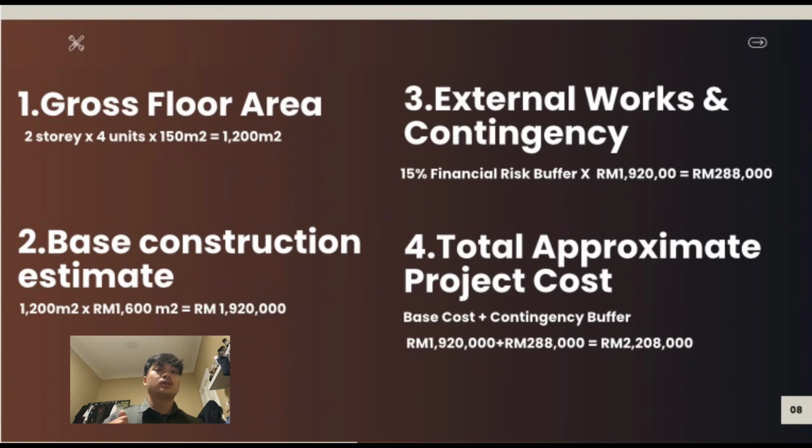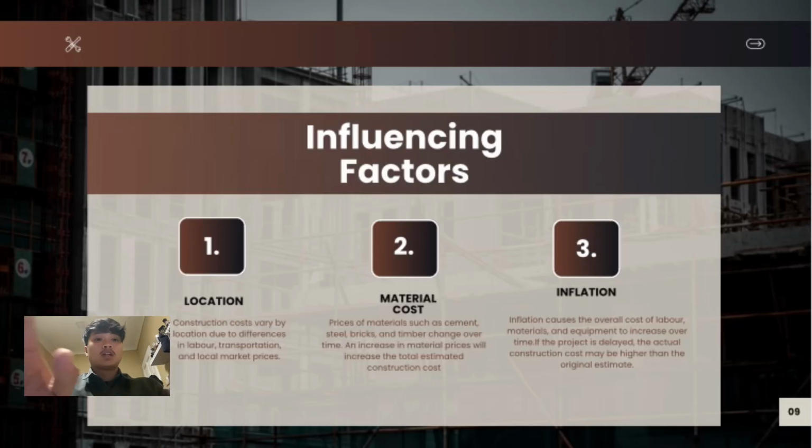So put it in the formula. The base cost is 1,920,000 ringgit plus the contingency buffer, which is 288,000 ringgit, equals 2,208,000 ringgit.